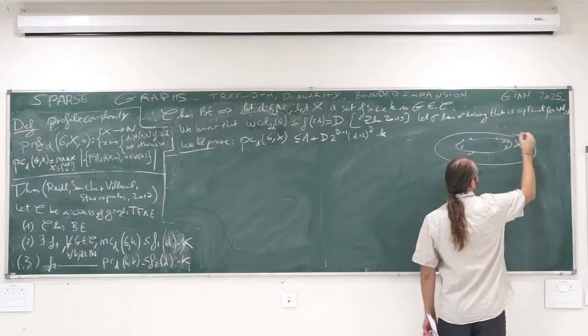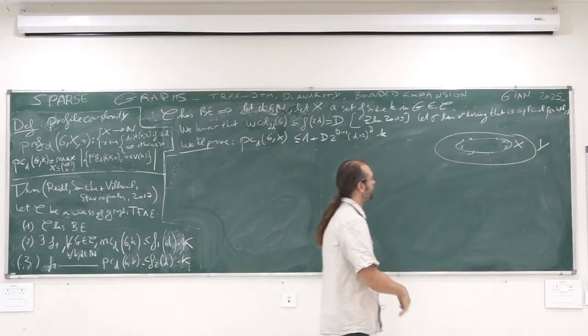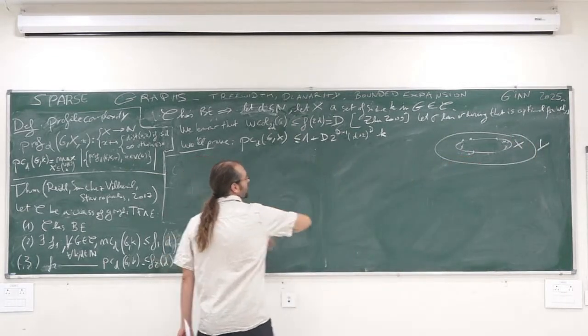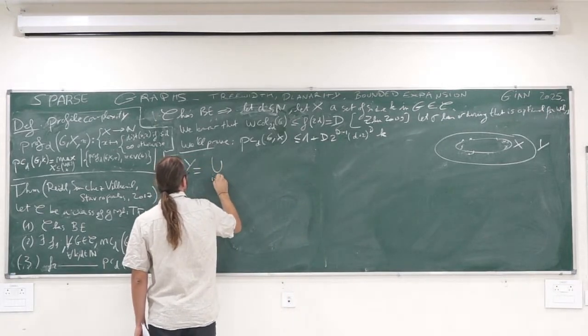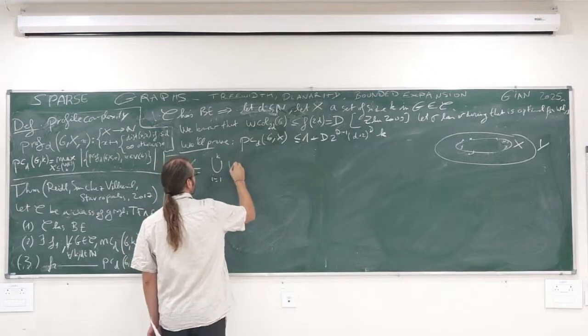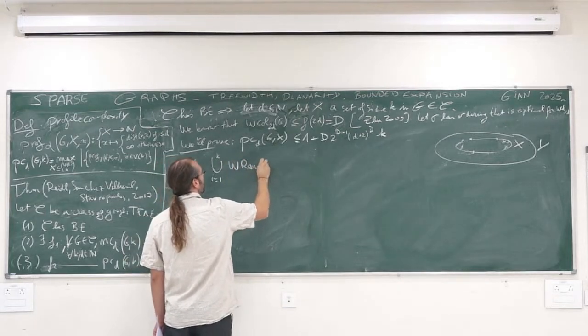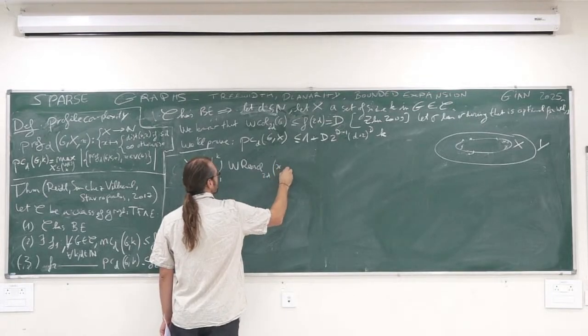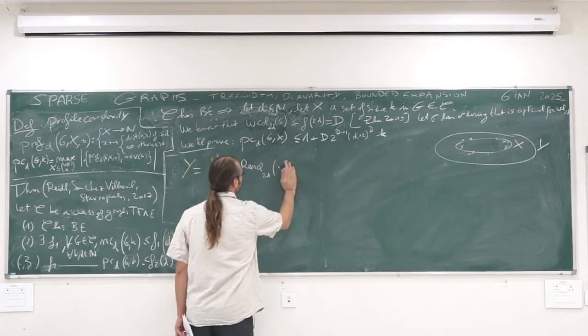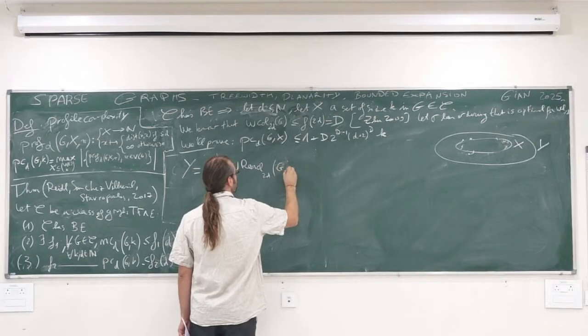I will get a set which is a bit larger, which I'll call Y. Let's put that here. Y is the union from 1 to k of the weak reachability sets at distance 2d of my xi's, with respect to G and sigma.